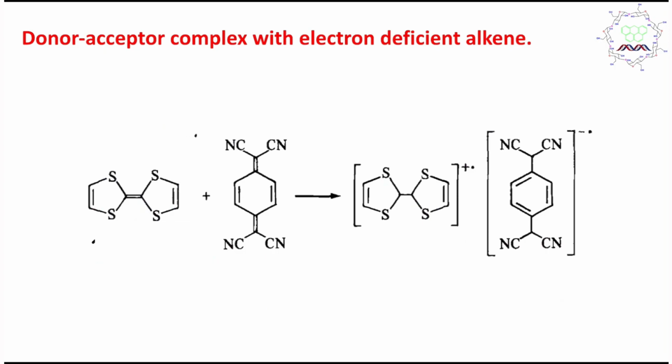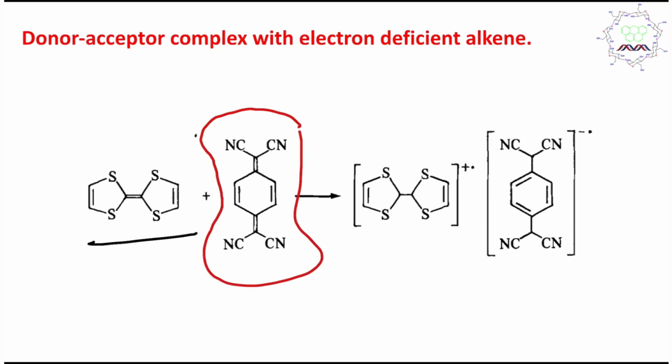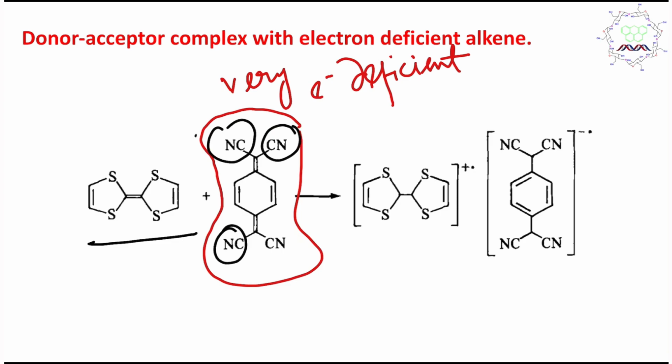So this is the alkene we produced in today's discussion, and if you look at this molecule, student, it is very electron deficient. Why am I saying this? Just look at the substituents. It has 1, 2, 3, 4 cyano groups, which are electron withdrawing, so you can see it's very electron deficient, and this is electron rich.